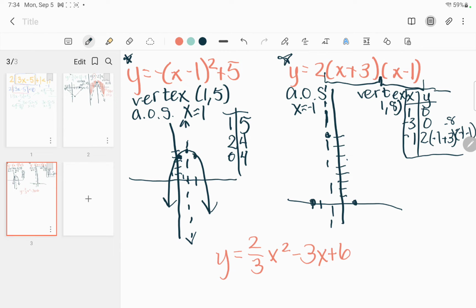And there's my graph. This should have been at -8. I just graphed this upside down. This is great that I can just keep undoing. Let me graph that correctly at -1, -8, which is why I shouldn't be talking and graphing at the same time. Okay, there we go. And there's my key points.